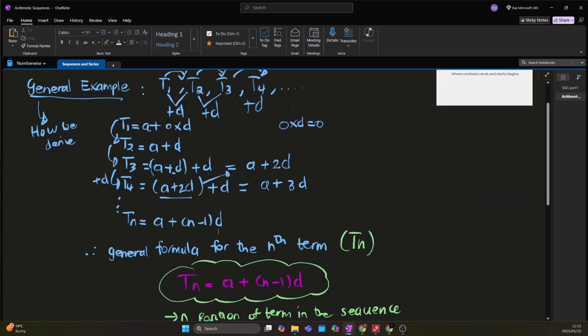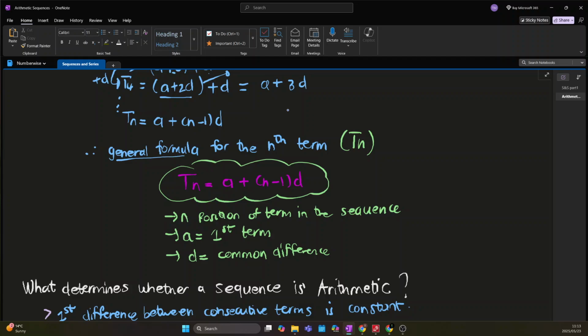This concludes that this is the general formula for the nth term. What is the general formula for the nth term? It's Tn equals A plus n minus 1 D. This is the formula that we have. Now what do these symbols or letters represent?